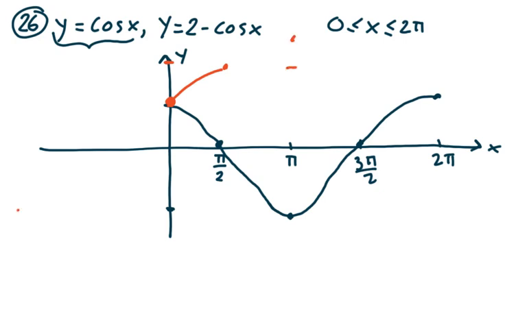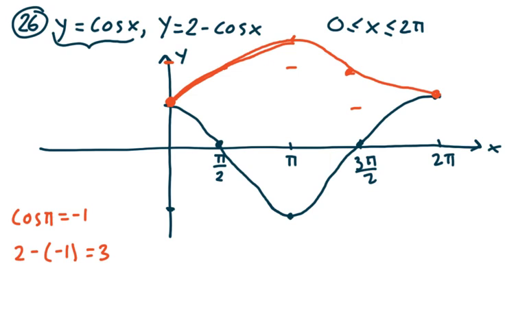Cosine of pi is -1, and then 2 minus a -1 is 3. So we're going to come up to here. When x is 3 pi over 2, we're back down to 2. And when x is 2 pi, we intersect with the y equals cosine x graph. So it looks like we're coming here. It appears.